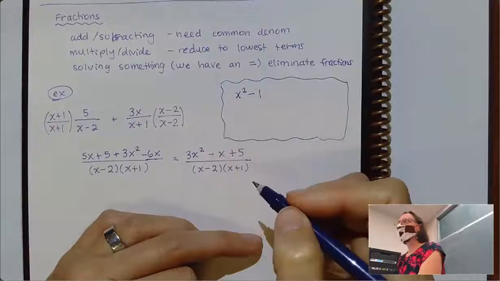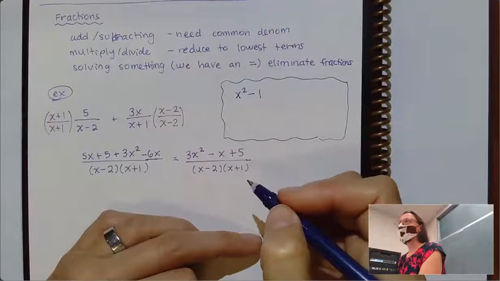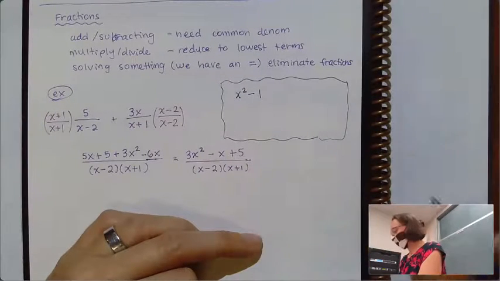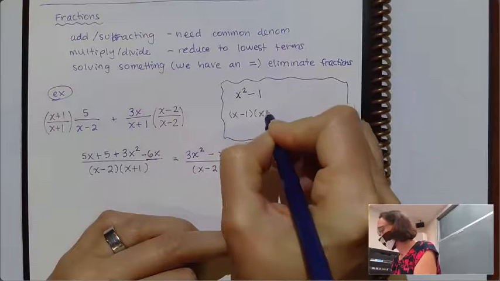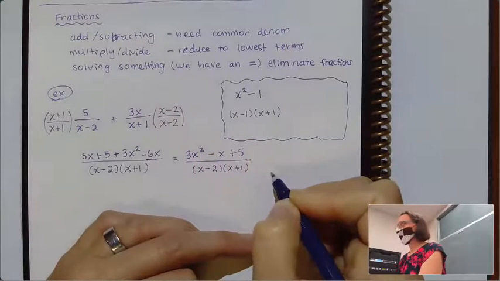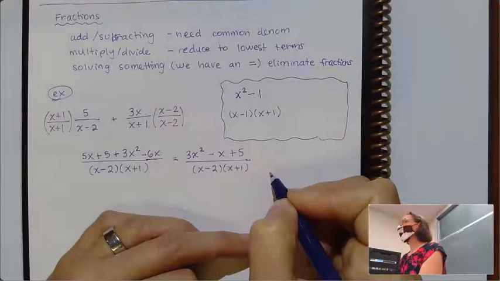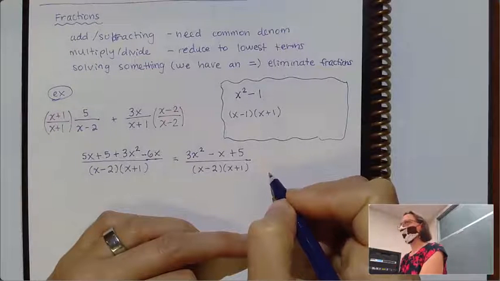We already know what the factors of x squared minus 1 are. I kind of made it easy. So x minus 1 times x plus 1. If you think that something might be a factor, if it's a factor, then when you plug that number in, you should get 0.